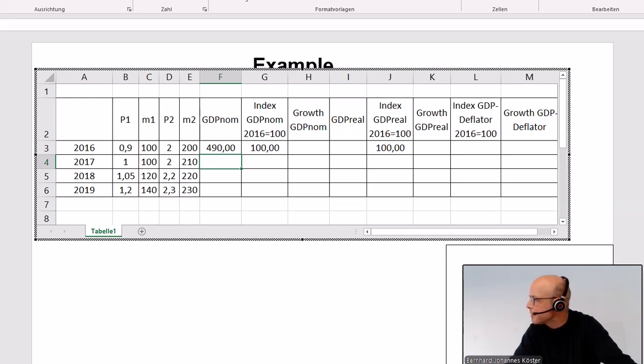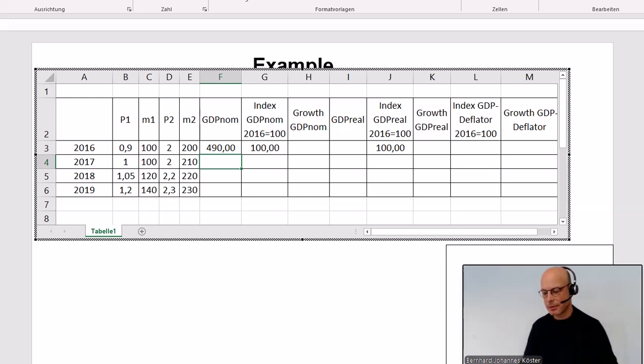How do I get nominal GDP of 2017? Just the same.